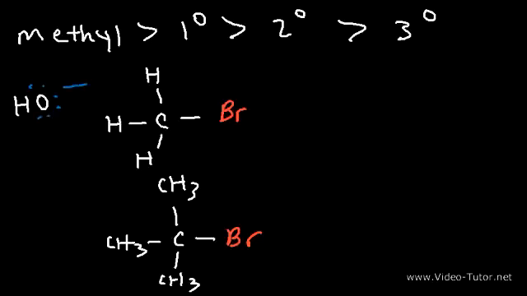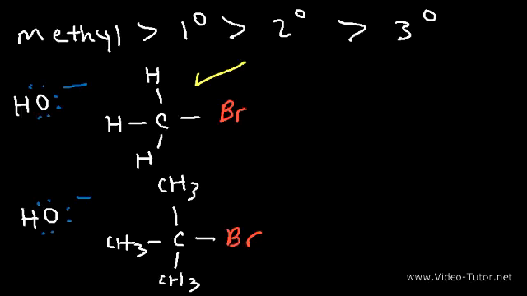Now, if you react hydroxide with methyl bromide, it's going to be an SN2 reaction, and it works pretty well. But if you try to react hydroxide with tert-butyl bromide, it doesn't work well. Why do you think that's the case? Why does the first reaction work very well, but the second one does not work very well for an SN2 reaction?